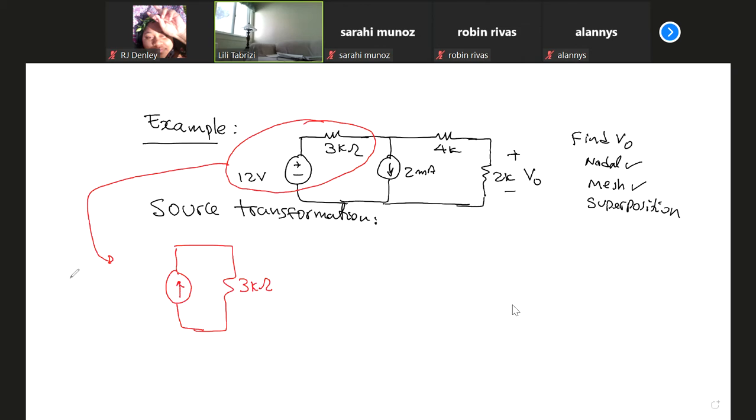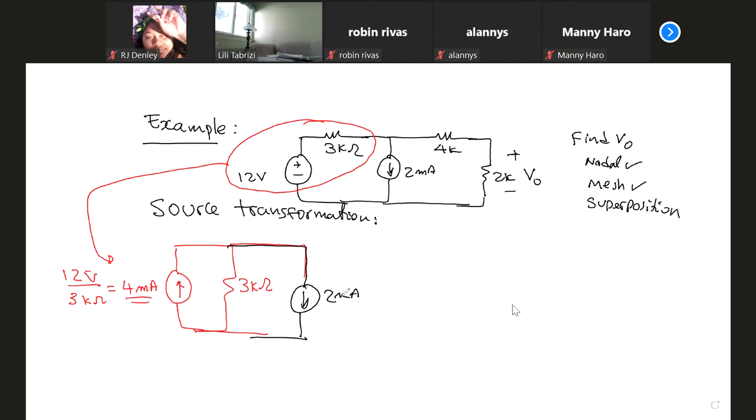What's the value of the current? 12 volt divided by 3 kilo ohm, which is 4 milliamp. Continue the rest of the circuit as it is and do it one at a time. So I continue the rest of the circuit, nothing changes. I'm just changing this combination to this combination, 2 milliamp, and 2K.